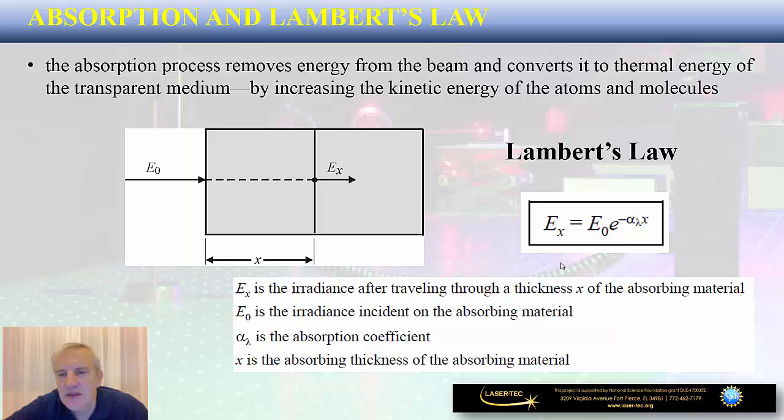So we can see that the output irradiance E sub x, the irradiance that's exiting the optical window, is going to be determined by the type of material that the optical window is made out of, the thickness of the material, and finally the input irradiance of the laser beam that's entering the optical window.